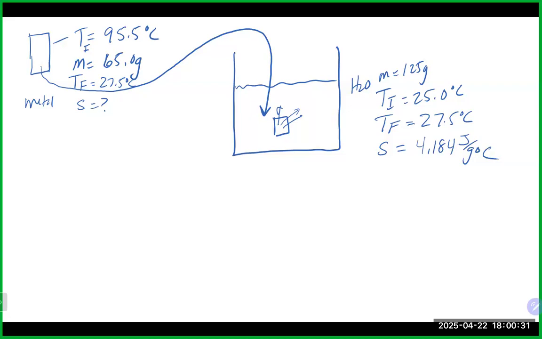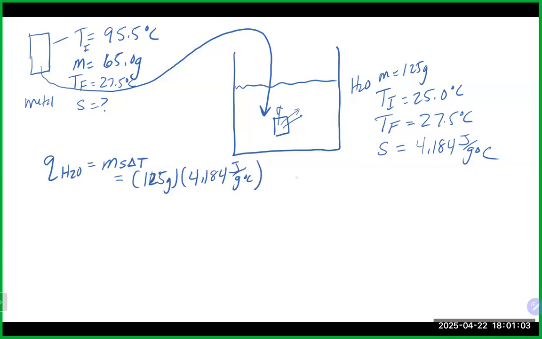So if we think about the water in this particular case, we could use our specific heat equation for just the water. This is going to allow us to figure out how much energy the water is going to absorb from that hot piece of metal that went for a swim on a very hot day. So that is 125 grams, specific heat capacity 4.184 joules per gram per degree Celsius.